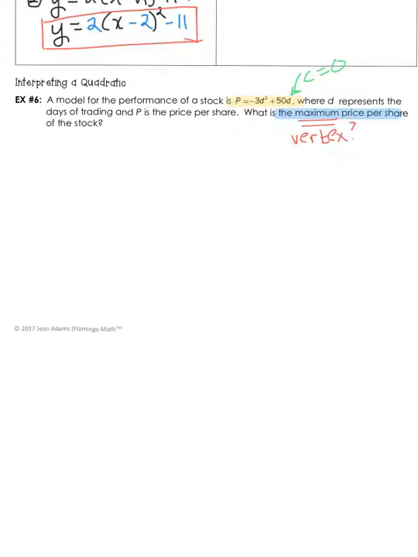We want to know the k, or the y value of the vertex. So to do that, I have to find the x value of the vertex. So let's list out A, B, and C. So A is equal to -3, B is equal to 50.